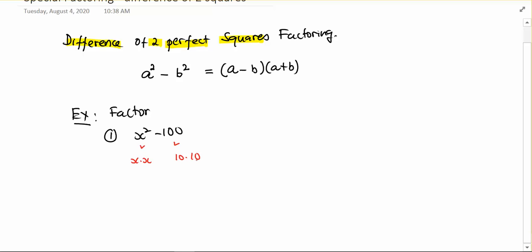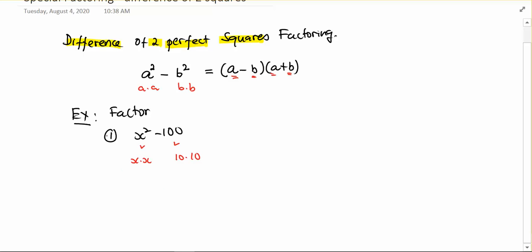The reason it's important to identify those is, if you look back at this formula, this is a times a and b times b, and what we use is a and b, not a squared and b squared. So you have to know the ingredient that went to create that first term and the ingredient that went to create that second term.